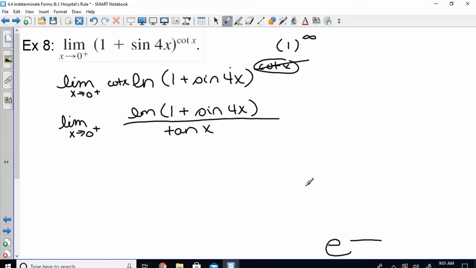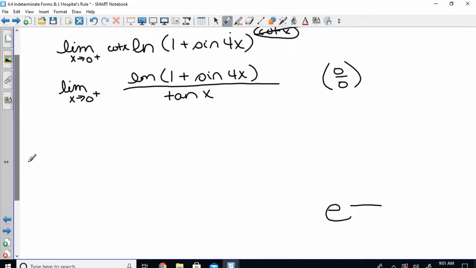So by adding that log, the exponent will come down, and then you can easily turn it into a quotient. Let's do a quick check here. If I plug in 0, I get the natural log of 1, which is 0. Tangent of 0 is 0. So it is currently of the form 0 over 0, which tells me I need to do L'Hopital.